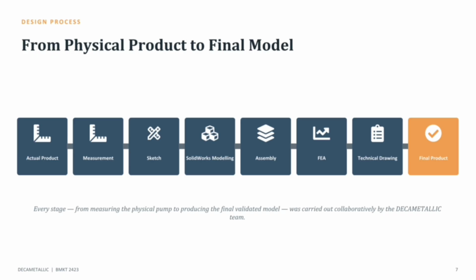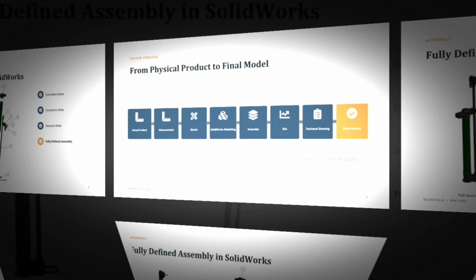Before assembling all parts together, structural finite element analysis was carried out, followed by the production of technical drawings. The final stage was the delivery of the complete model product. Every stage was carried out collaboratively by the Decametallic team.